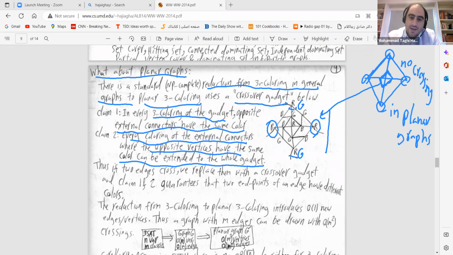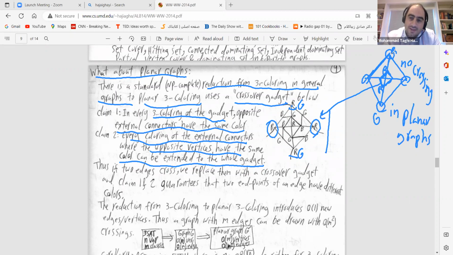The intuition is that anytime you have a color here, we have the same color here. So if we start with the color R, then we have the same color R here. And if this one is also the color R, then at the end G and R should be different colors.